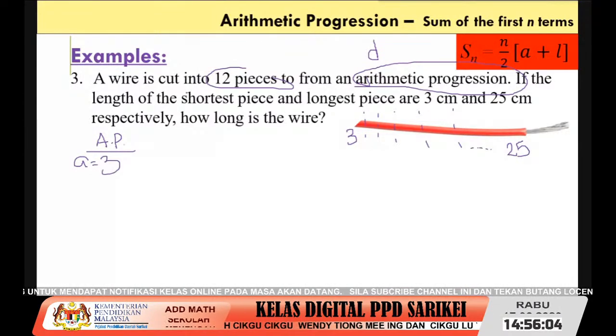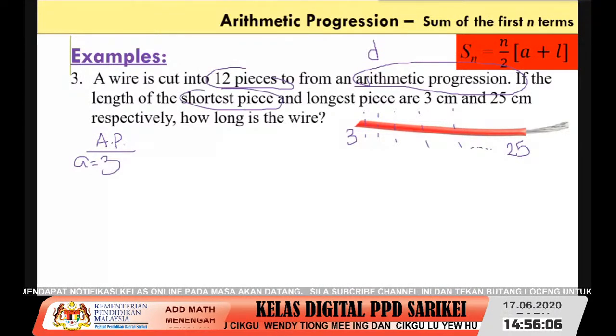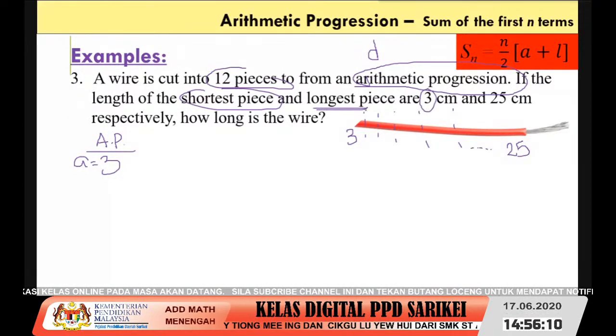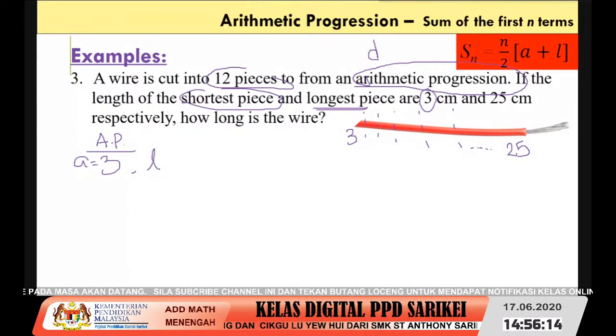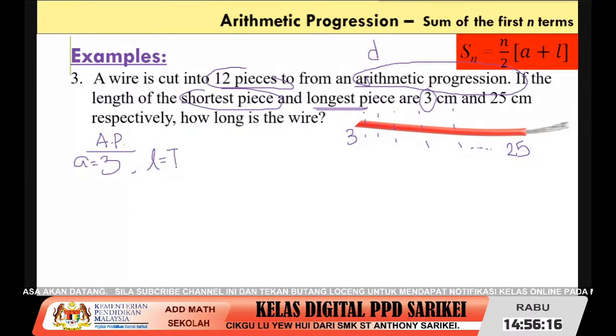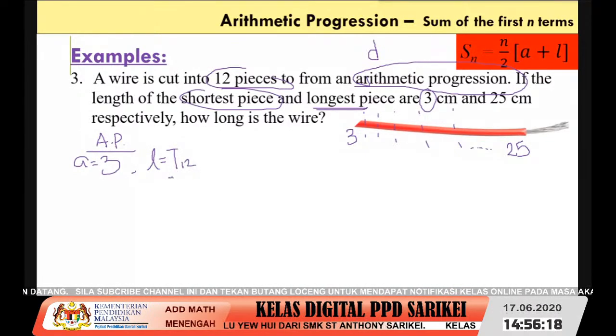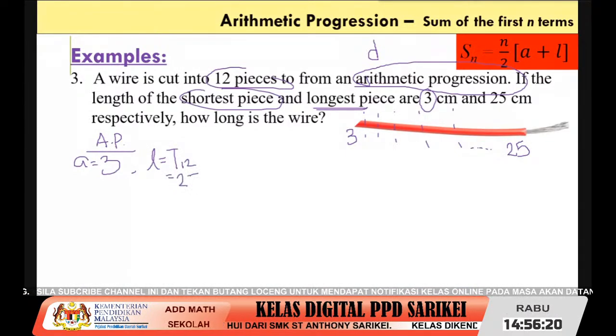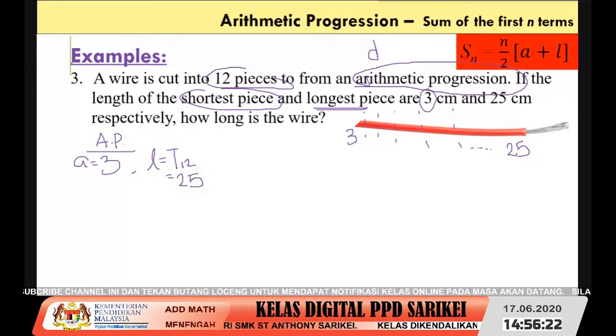The shorter piece is sebutan yang pertama, paling pendek 3. Sebutan yang paling panjang, maksudnya this one is our last term, right? Or we say this one is T12 equal to 25.